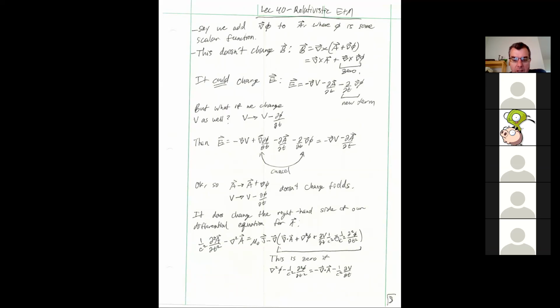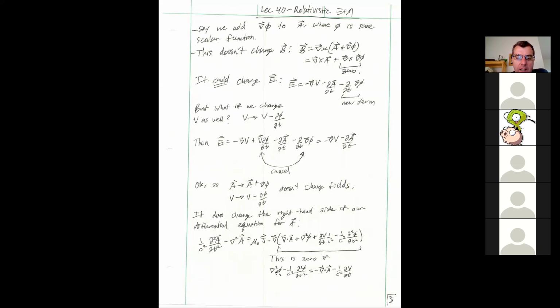This doesn't look any cleaner than it did before, except that I get to pick whatever I want for my gauge function as long as the gauge function has well-defined second derivatives. That's pretty much the only thing. As long as I can take the second derivative of my gauge function, I can make it anything I want.